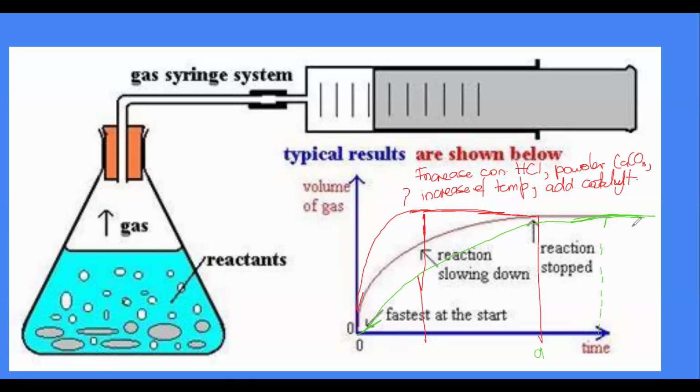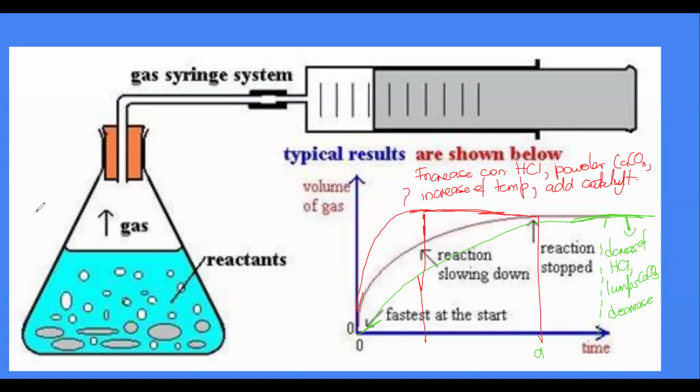Now in doing this, I can decrease the concentration of HCl, use lumps of calcium carbonate, so I'm exposing less surface area. I can decrease the temperature, have the reaction occurring at a colder temperature, or not use a catalyst. So we wouldn't add a catalyst. So these are the three things that can slow down the rate of reaction.